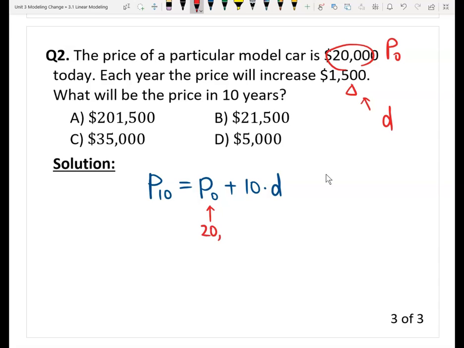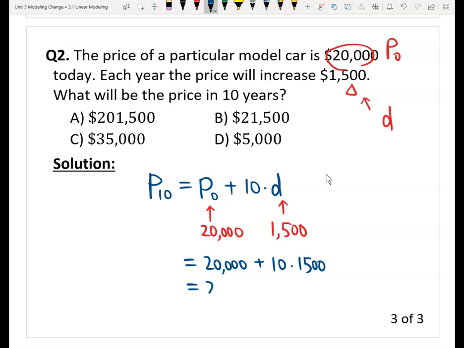P0 is 20,000. And the common difference d is 1,500. And then we just do the calculation. So 20,000 plus 10 times 1,500.